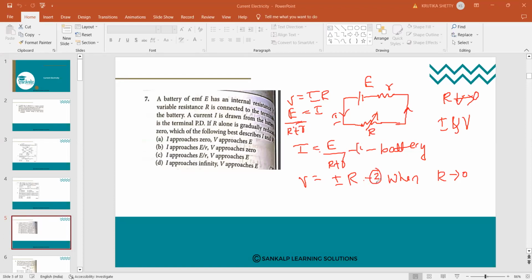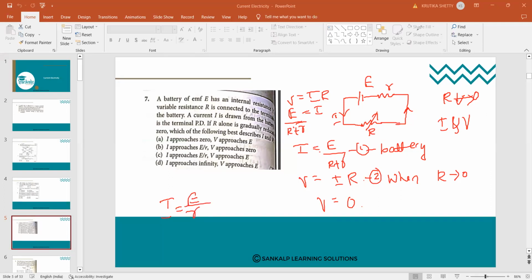In equation 2, when capital R approaches zero, V is approaching zero. So you can directly take option B. If you like, you can also substitute above and see what I becomes: when R value is taken as 0, I is equal to E by r only remains.